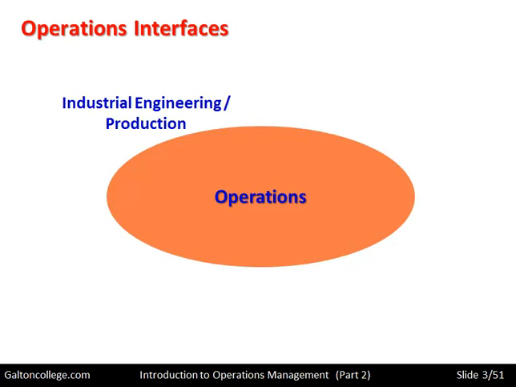However, there are related areas that link to the operations function. And I suppose if we were to think long and hard about operations within a business, all the various functions of the business must be linked to the operations management function in one way or another.